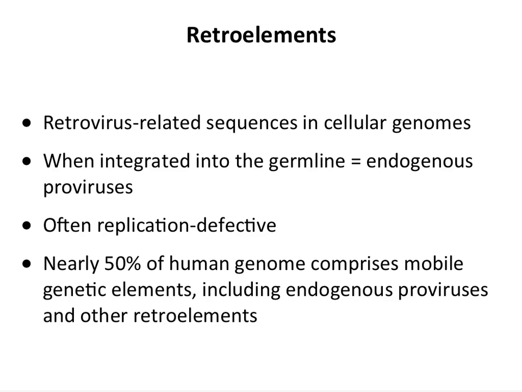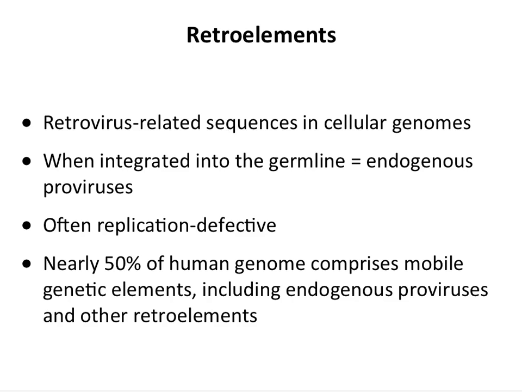So the presence of these sequences in the genome are called, in general, retroelements because they are derived from retroviral infections, and the sequences resemble retroviral sequences. All right, retrovirus-related sequences, and as I said, they're endogenous when they're in the germline. They're often replication defective. Our endogenous retroviruses are all replication defective.